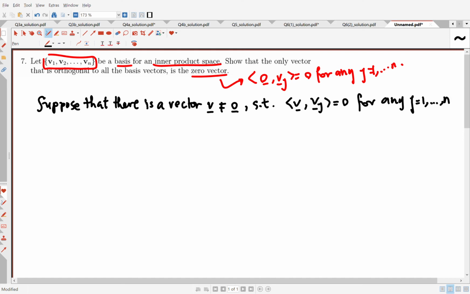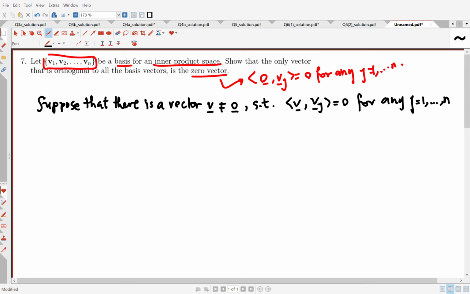Okay, suppose that we can find another vector, and I want to find a contradiction. Okay, if there is a contradiction, it means there is no other vector other than the zero vector such that the inner product is equal to 0.